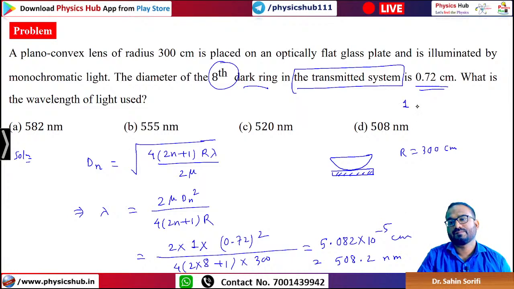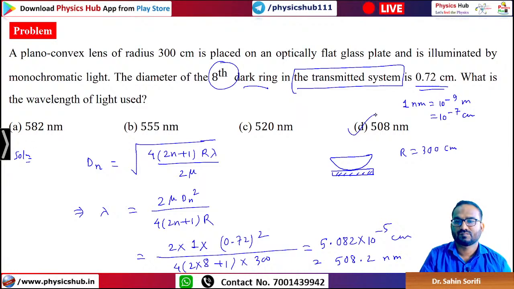Look, 1 nanometer is equal to 10 to the power minus 9 meter, so this is 10 to the power minus 7 centimeter. Yes, so 508.2 nanometer. Okay, option D.